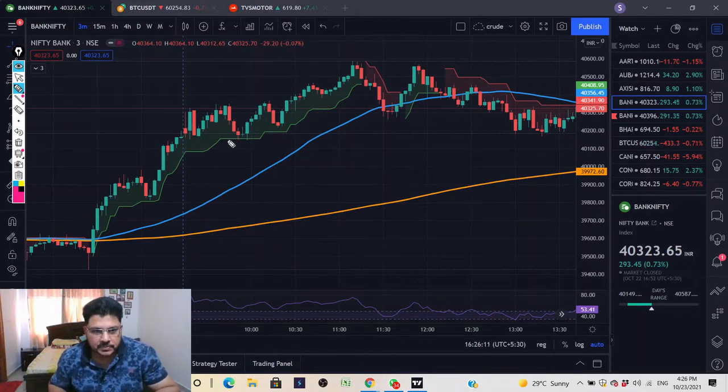So what will happen? The moment you take an entry, because the super trend is up, market will come down a little bit and start going up. So you don't have to make any adjustment till this super trend is intact. The moment you see that super trend is broken at this level, then go far and look at the premiums what you have for this 39,700.